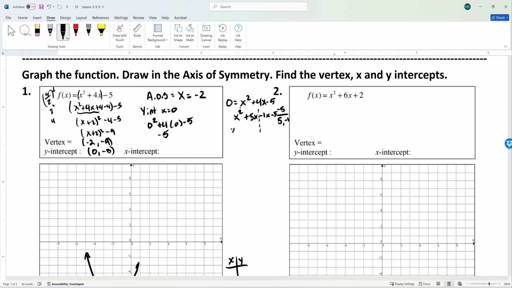Factor by grouping, we factor out an x. We factor out the negative 1, and that works. So you get x minus 1 and x plus 5. So x equals 1 and negative 5. So my x-intercepts are going to be 1, 0 and negative 5, 0.